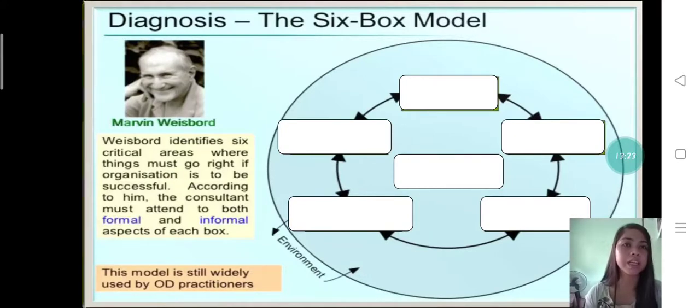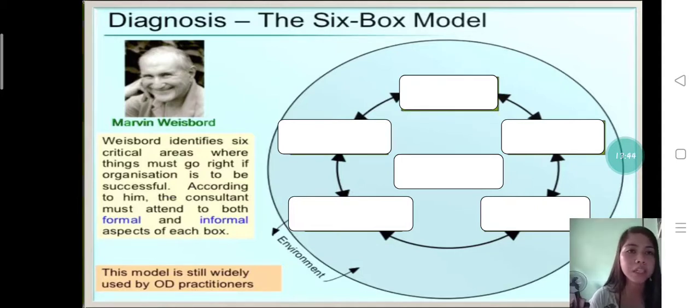So I have here the Six-Box Model of diagnosis from the idea of Marvin Weisbord. Marvin Weisbord identifies six critical areas where things must go right if an organization is to be successful.